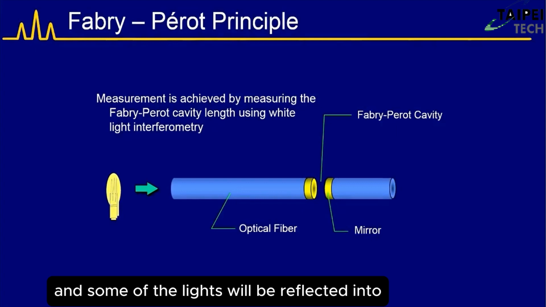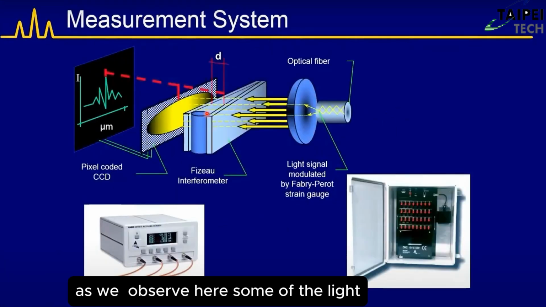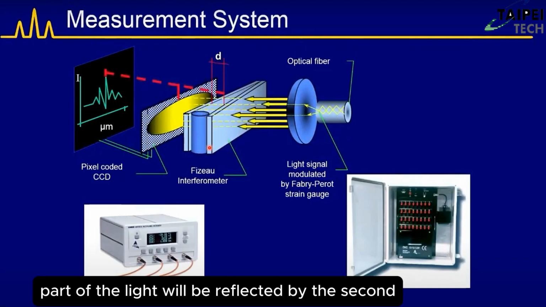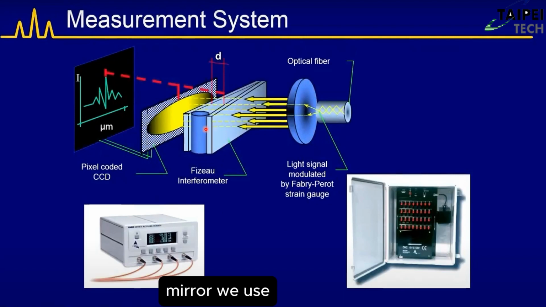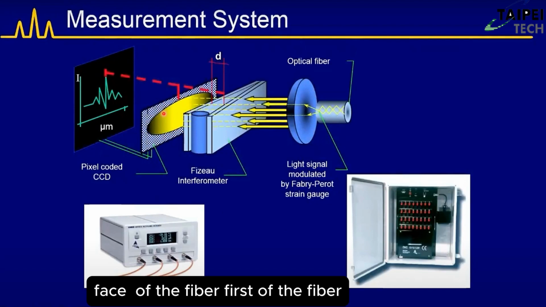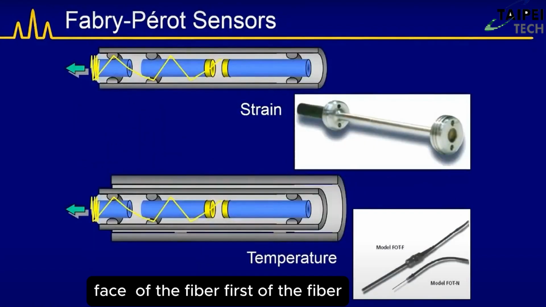Some of the light will be reflected by the first mirror and part of the light will be reflected by the second mirror. We use instruments to measure precisely the distance between these two faces of the fiber.